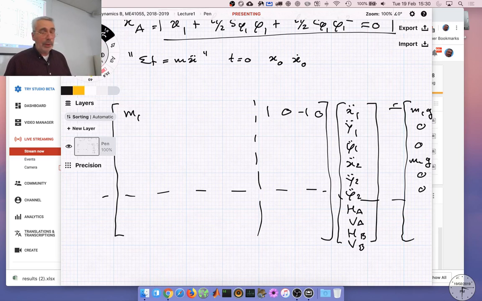Then the next equation was again m1 times y double dot, and then we had the vertical forces. So that is 0, 1, 0, minus 1. Then we had the torque equation from Euler. So that is I1 times phi double dot 1.